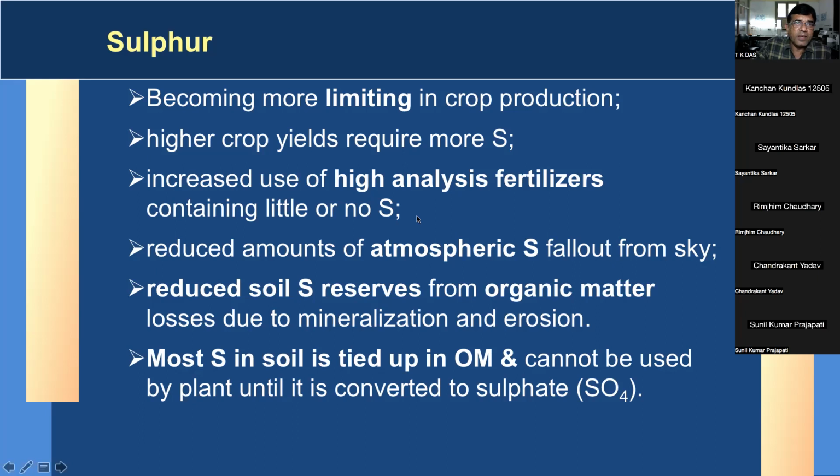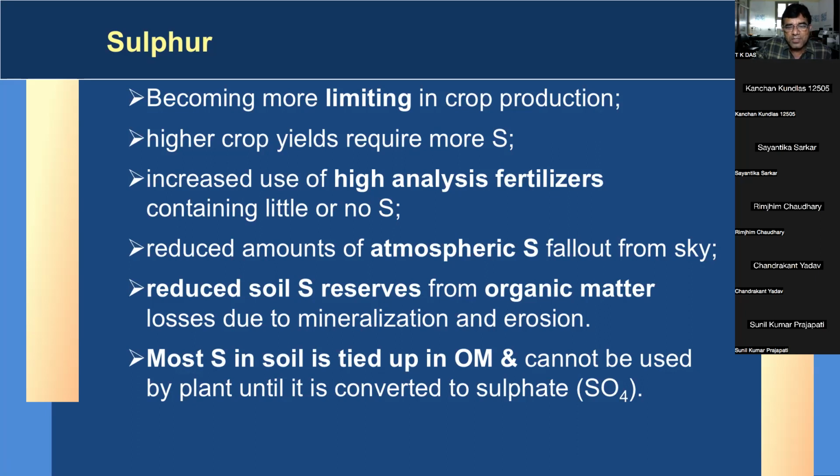SSP consumption has very sharply declined over the last 20 years. Farmers are not interested to buy single superphosphate for a very long time. Instead, they preferred DAP, diammonium phosphate, over single superphosphate, which contained some quantity of sulfur also.